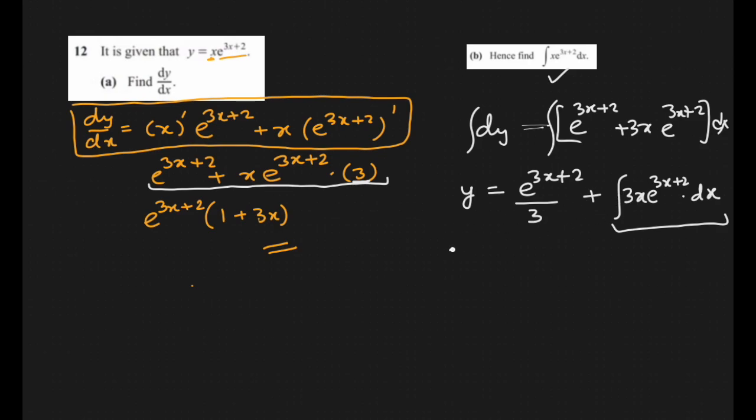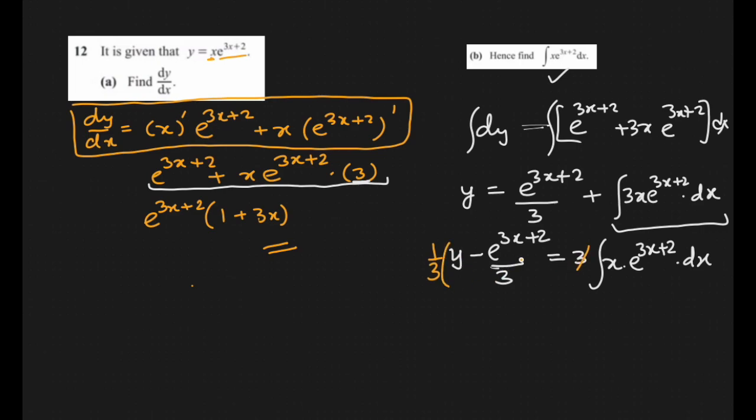So I will rewrite it now. y minus e to the power 3x plus 2 over 3. So I removed this to the other side, equal to, I'll write this 3 outside, and x e to the power 3x plus 2 dx. Okay, now this 3 must go because our question is not that. So I'll cross multiply here, so it will become 1/3 on the other side.